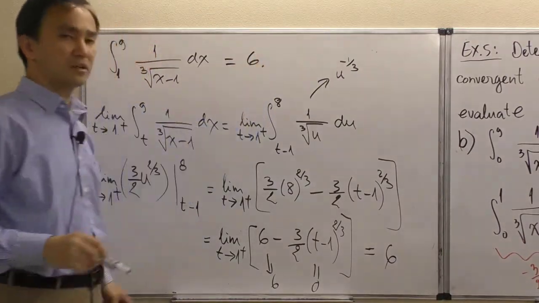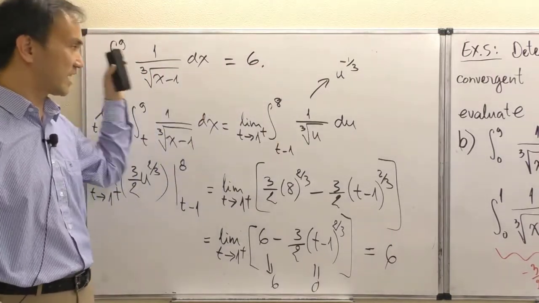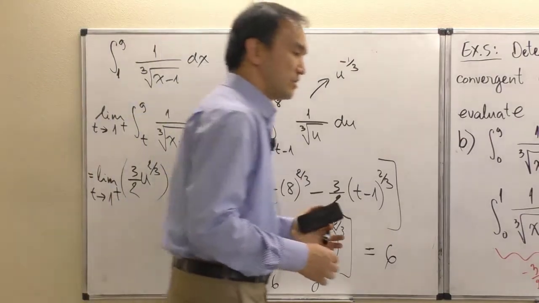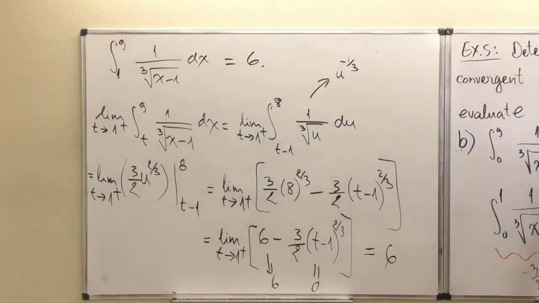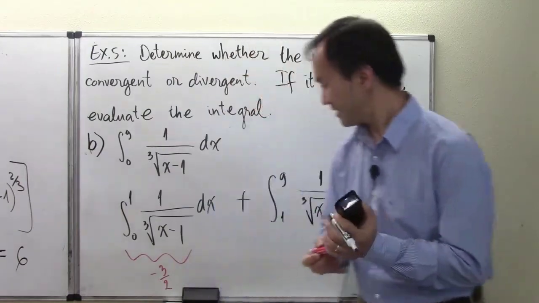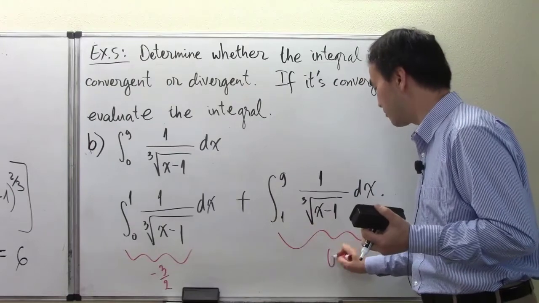Because we're not focusing on this problem only, it's only part of our bigger work, I'm just going to say this answer here equals 6. Now I can go back and make a note that this answer turned out to be a finite value, 6.